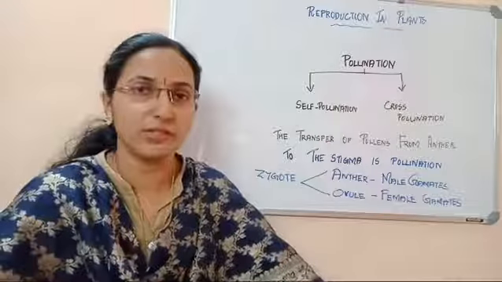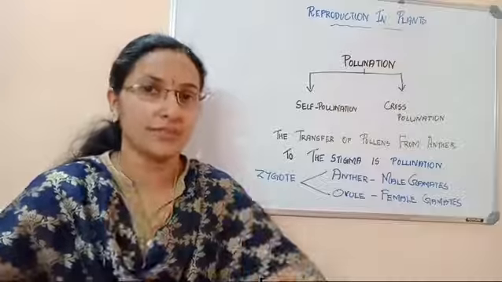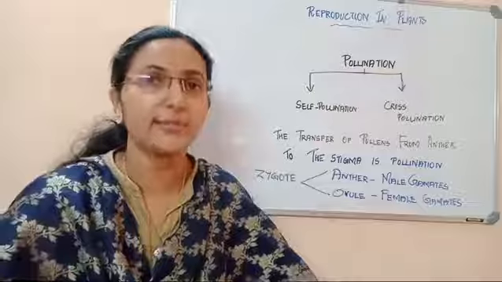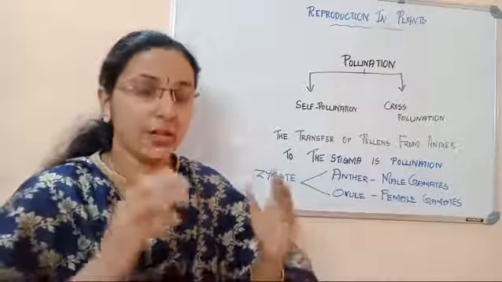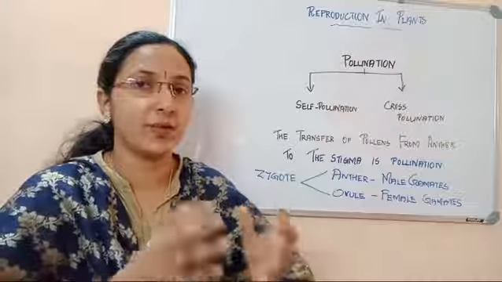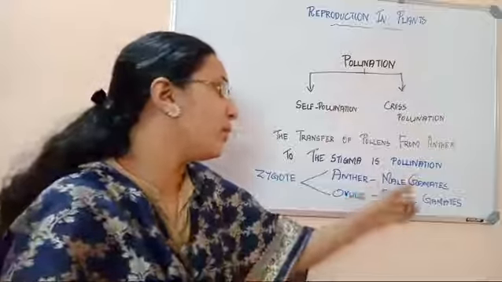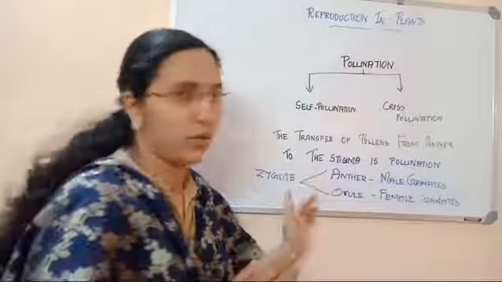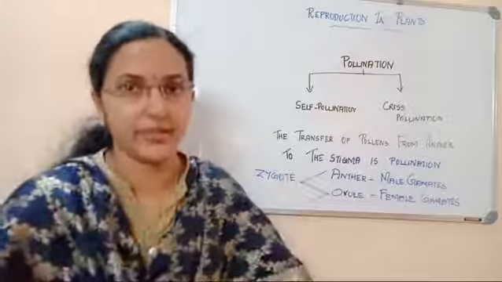So the transfer of pollen from the anther to the stigma is known as pollination. When they reach together, the male gametes from the anther reach the ovule and form the zygote. Zygote formation occurs there inside.